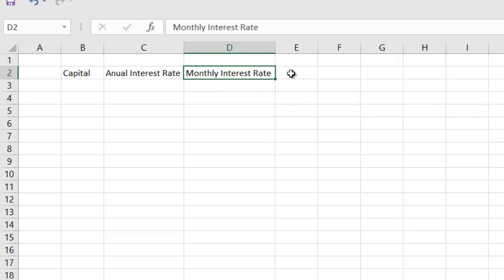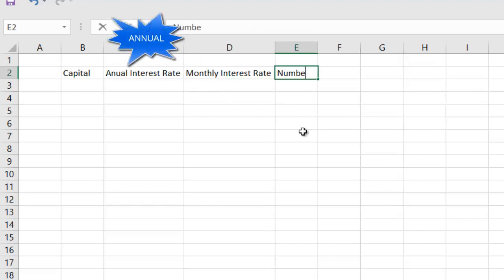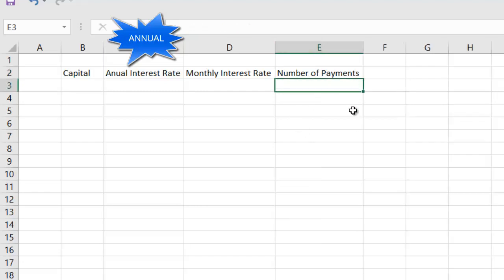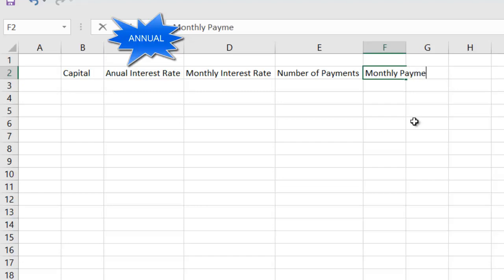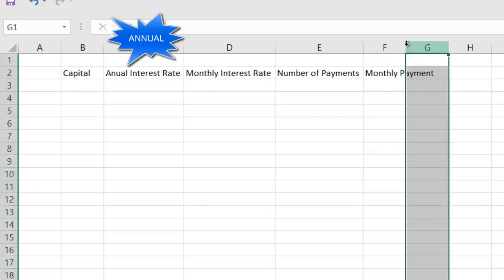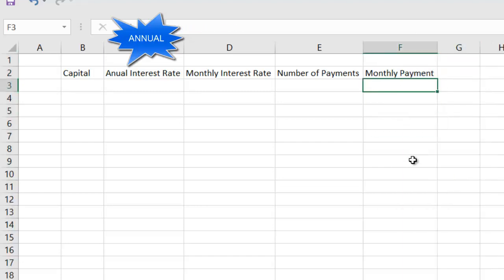We are also going to talk about the number of payments that you require the loan for, and the monthly payment. For this we're going to use a formula in Excel, which is PMT, and it's very, very simple to use.